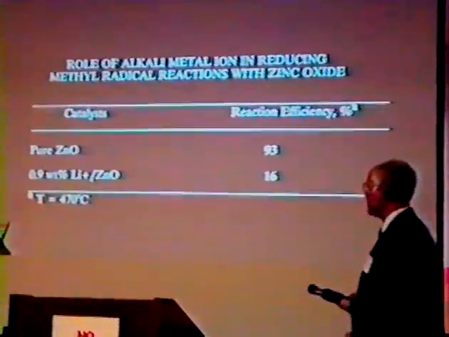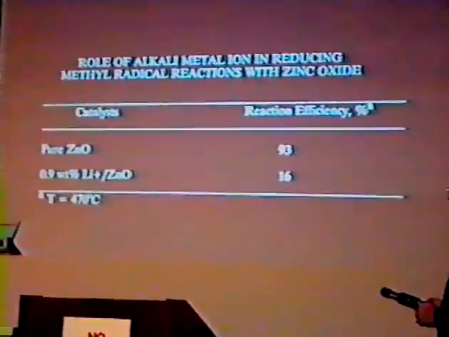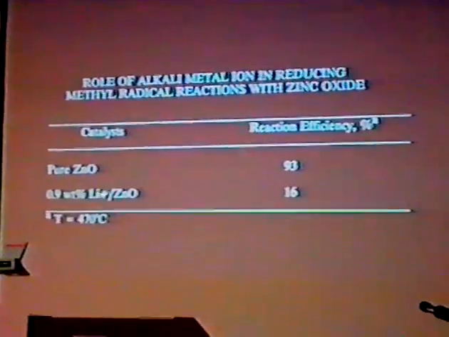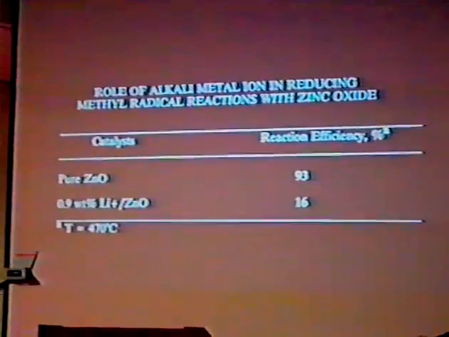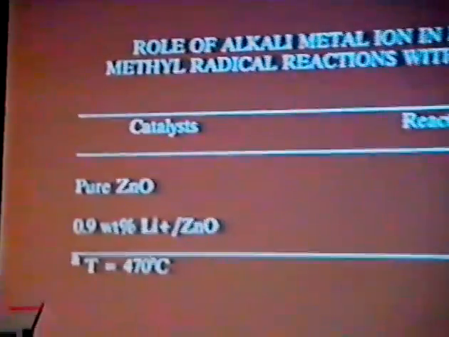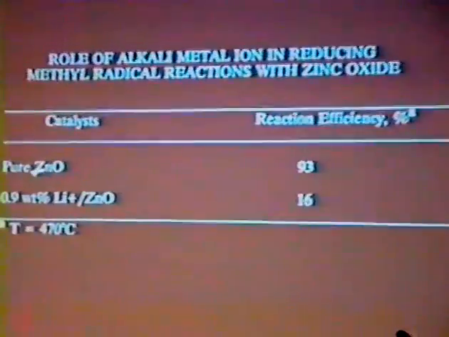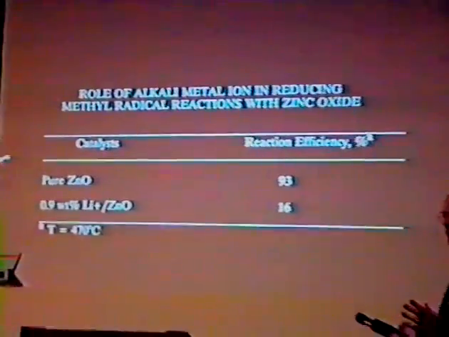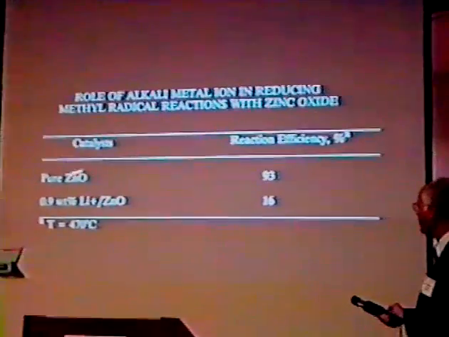Another important observation that has been made in a number of different catalysts for methane oxidation is that lithium or other alkali metals have a very significant effect in improving the selectivity. And I think we can perhaps see the origin of that, at least in part, from these results. Over pure zinc oxide, we have a catalyst which is rather active but very poorly selective for making C2 products.